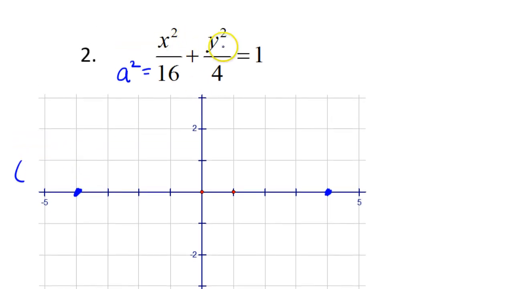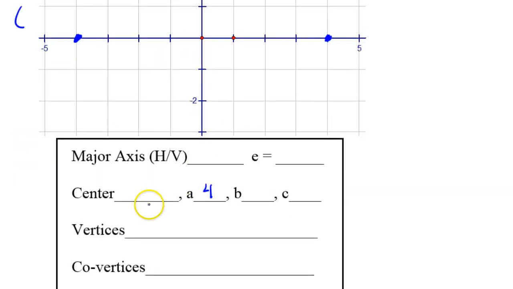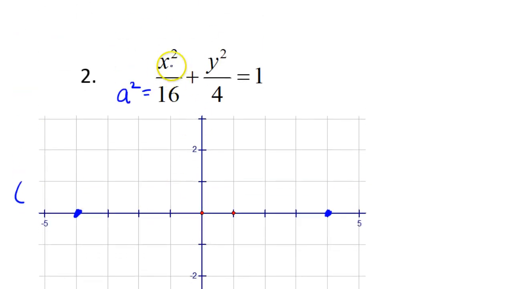Oh yeah, once again we know the center is 0, 0. That's very important because it's simply x squared and y squared. So the vertices will be -4, 0 and 4, 0.